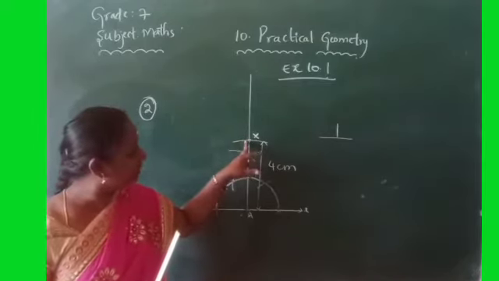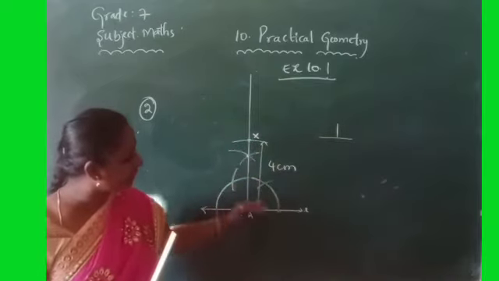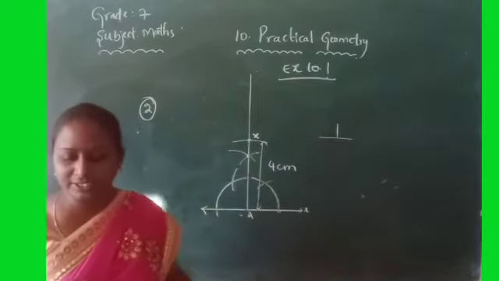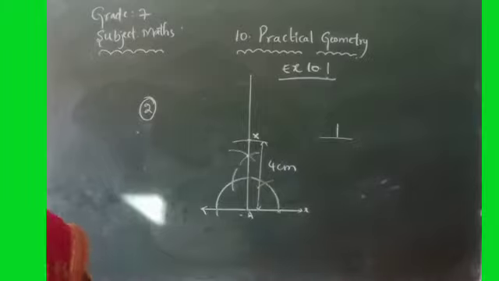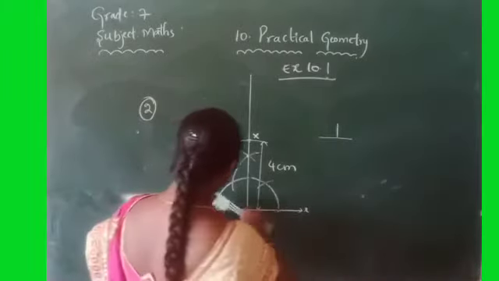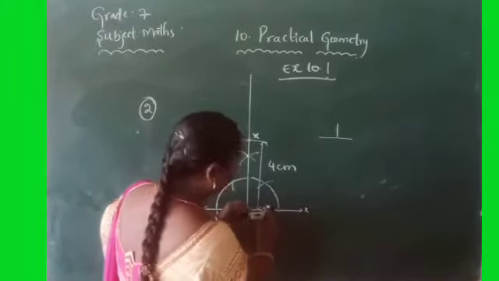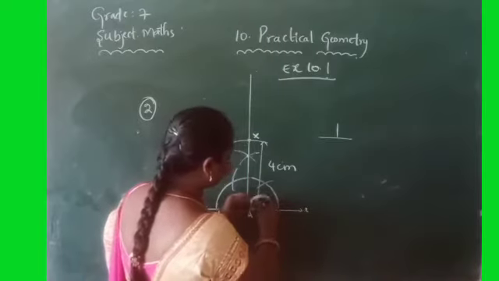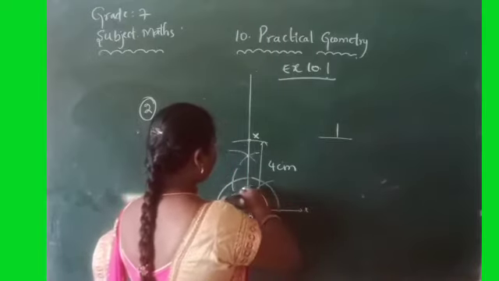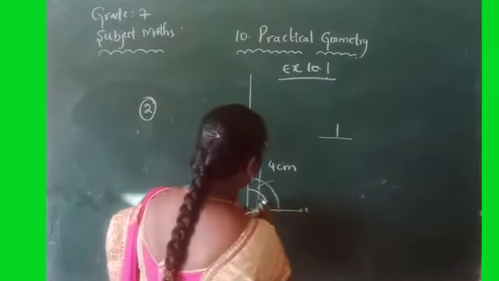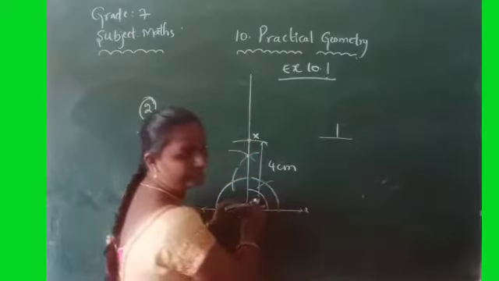here too you have to draw one perpendicular line to the line L. How to draw that one? Same, take some convenient radius. Why am I taking one more convenient radius?